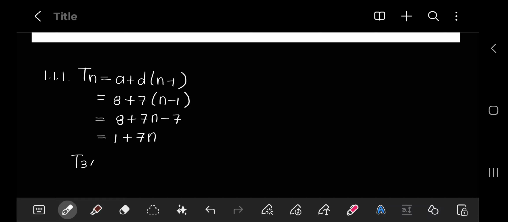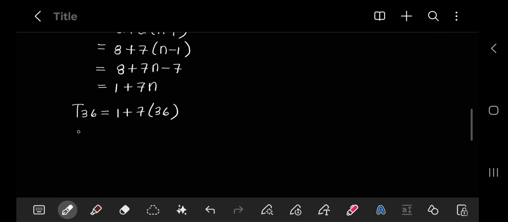From here, we want to get term 36, so we are going to replace n with 36. And that gives you 253 as the 36th term.